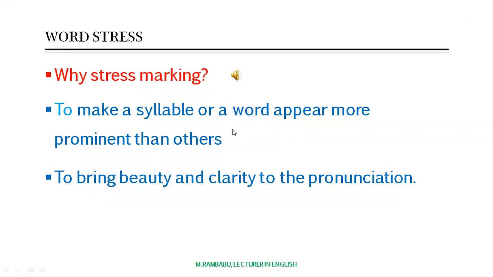The first point is to make a syllable or a word appear more prominent than others. And the second thing is to bring beauty and clarity to the pronunciation.